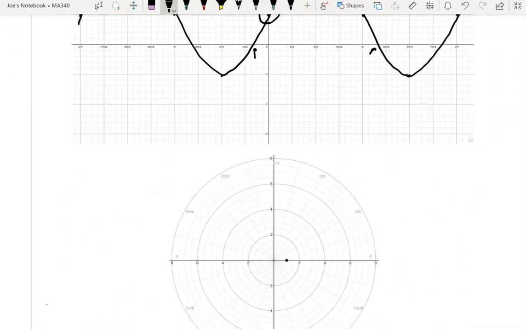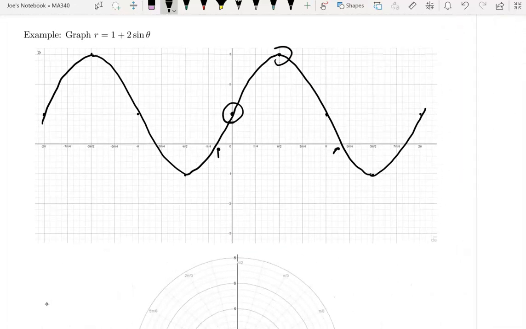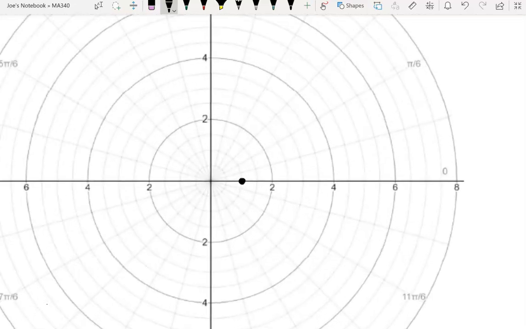Going back up here again, this point, the input's pi over 2, the output's 3. So that's going to correspond to the point 3 comma pi over 2. Going back down here, R value 3, rotate around to pi over 2 is here.